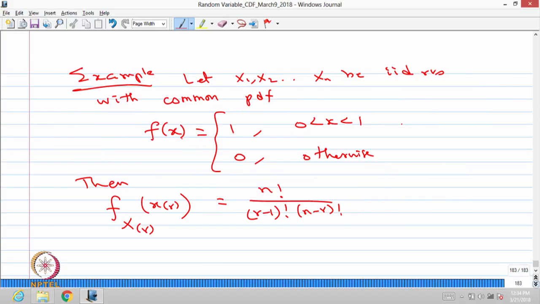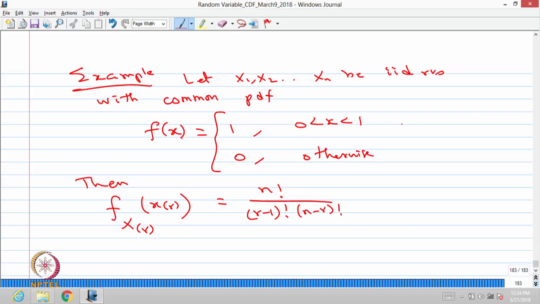If you see this example, you can make out the distribution of Xi is a uniform distribution over the interval 0 to 1, so you can get the CDF easily.